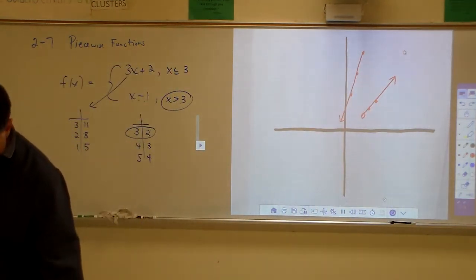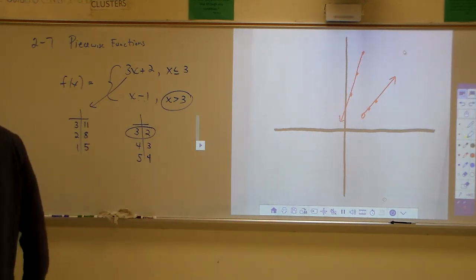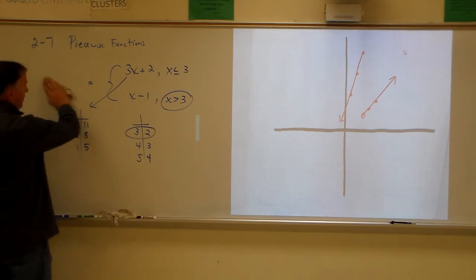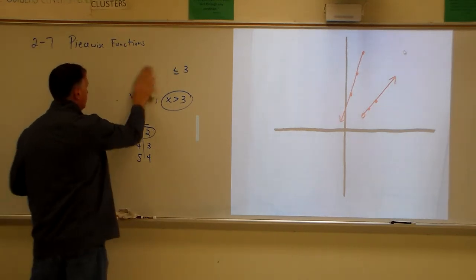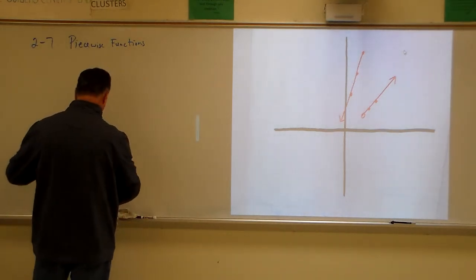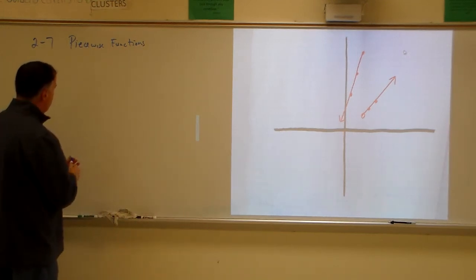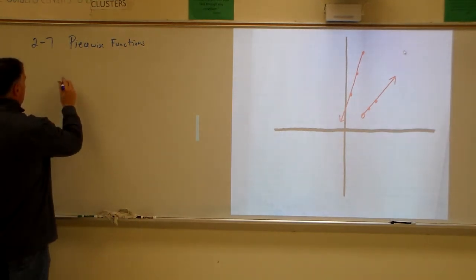Okay? So I have one more I want to look at with you, because I think it's interesting what happens in this one. I want to show you at least one of these.